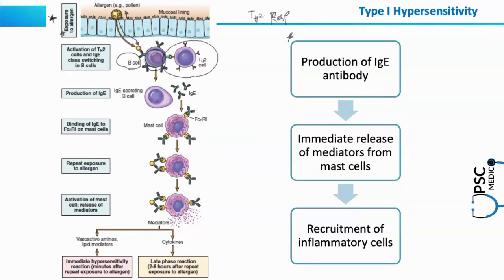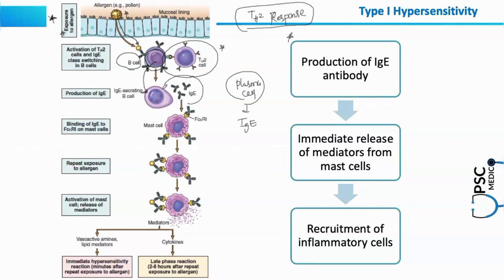There are two kinds of response, T helper 1 and T helper 2, and we'll discuss the different types of helper responses. But what you need to remember at this point is, whenever an allergen attaches to the B cell, a T helper 2 response gets activated. And whenever there is T helper 2 activation, the B cell transforms into an antibody secreting plasma cell. Whenever plasma cells form, immunoglobulin E is released into the body.